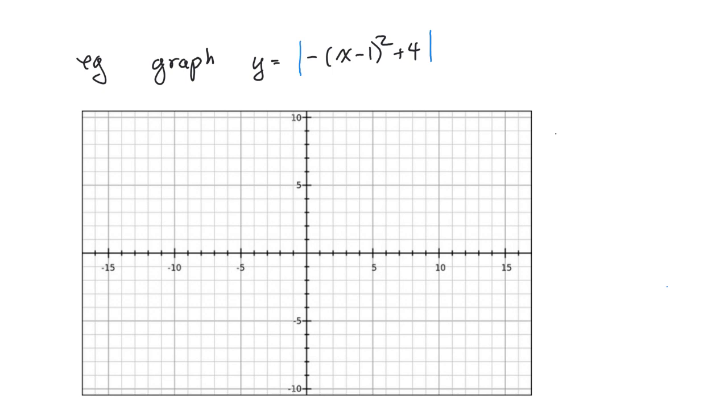So you start with y is equal to negative of (x minus 1) squared plus 4, and we graph it. At (1, 4), there's our vertex. And we have negative 1 and 3. And our graph would have looked like this.